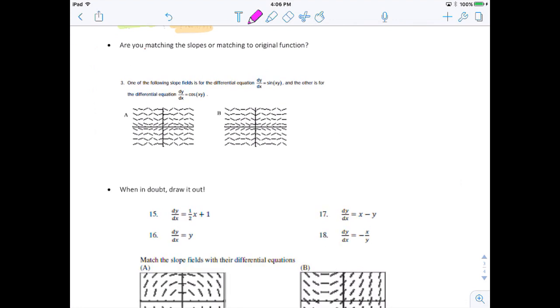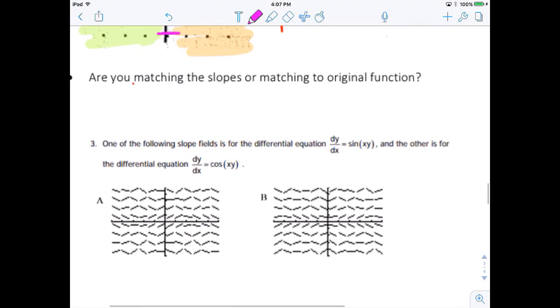Now, the second to last thing I'll say is, are you matching your slopes or are you matching the original functions? So one of the things to remember is that dy dx are your slopes. And so if you're looking at this, when you think about output values of dy dx, those should be the slopes. But the actual graphs will look like the original curve.